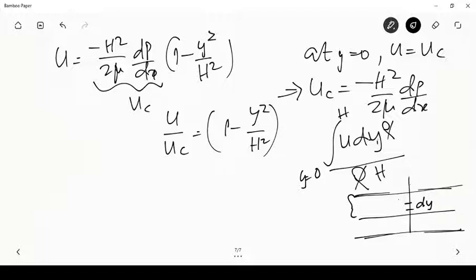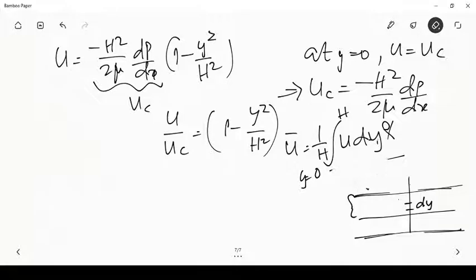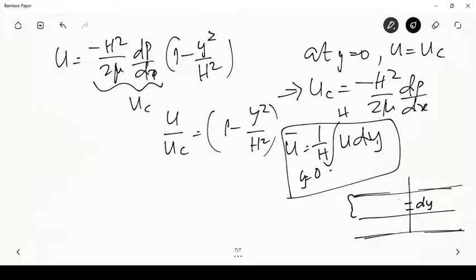So I'll get u bar is equal to 1 by h times this. So the definition of the mean velocity is u bar is equal to 1 by h integral of u dy from 0 to h.